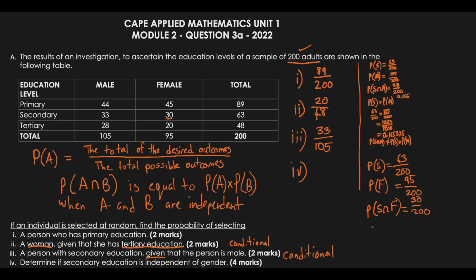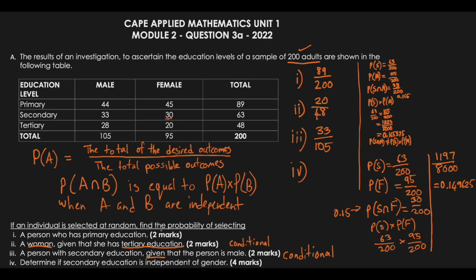So in that case, P(S) times P(F), that would give us 63 over 200 times 95 over 200. So this gives me the lowest fraction, which boils down to 0.149625. Now, if we compare that to the 30 over 200, we see that this here is 0.15.